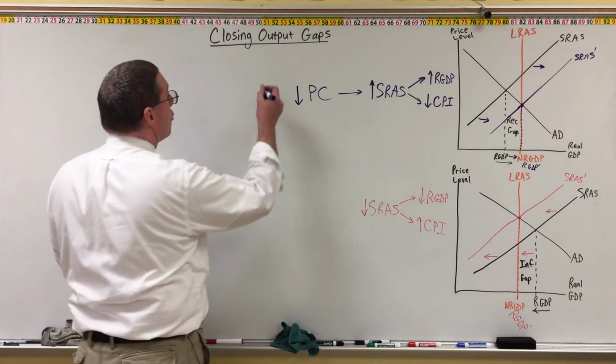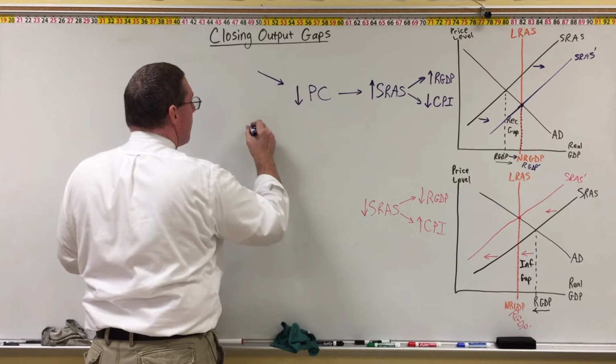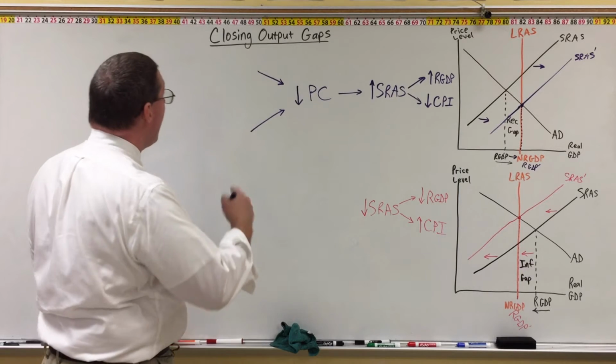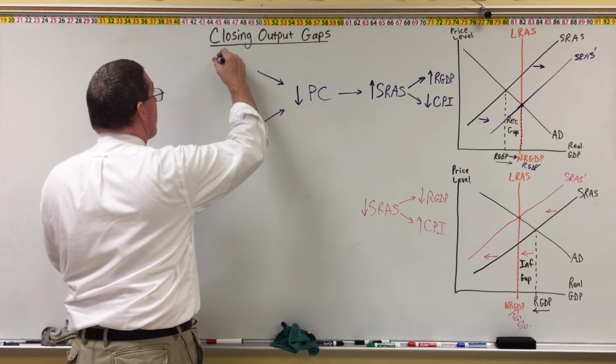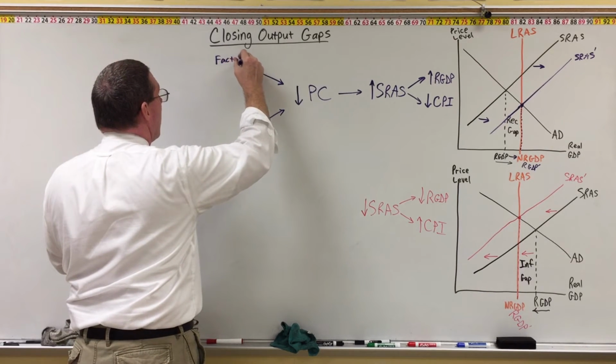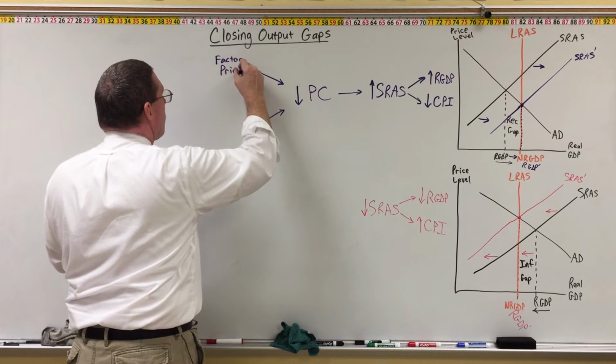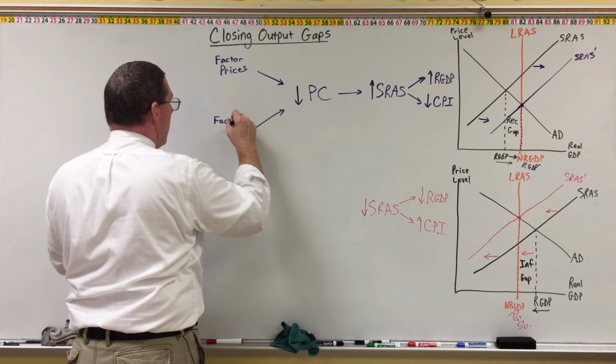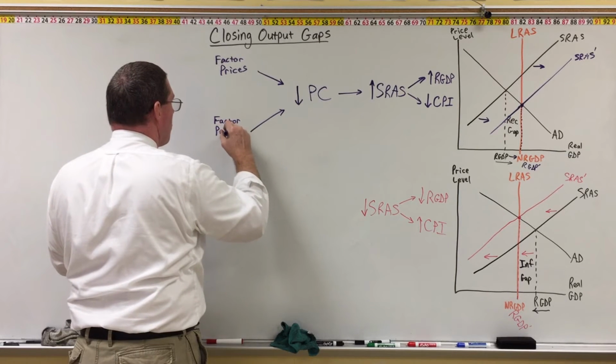Well, we discussed 2 different things that affect production costs in the aggregate market. And one of them is factor prices, and the other one is factor productivity. And here's what we said.